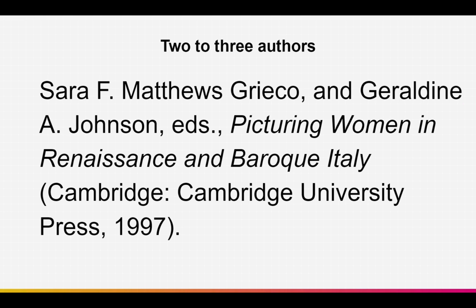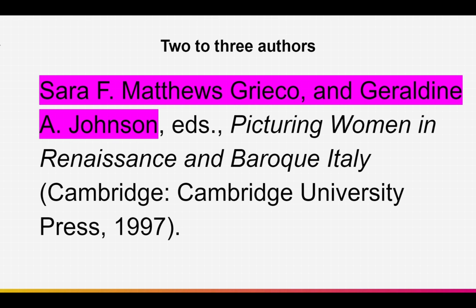But when you have 2 authors, like in this case, you will generally want to include them in the order that they're listed in the publication. So in this example, Sarah Matthews Grieco is listed first, followed by Geraldine Johnson. So that's what we're going to put in our footnote. And then you include the rest of the information as usual. So title, publication information, and so forth.